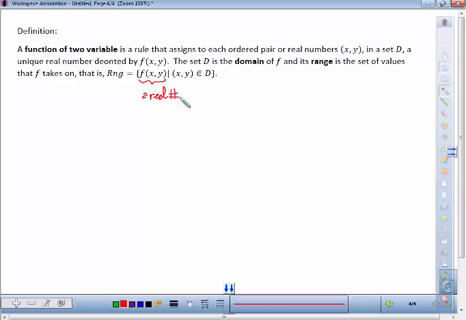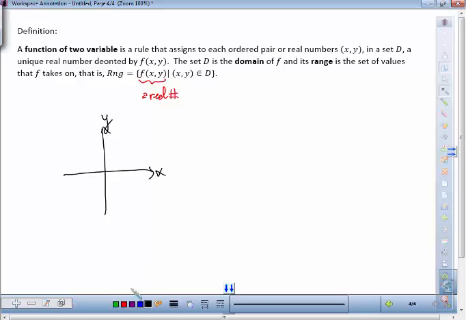Your input is x, your input is y. So somewhere on the XY plane are all the points that you're allowed to put into this function. It's different for different functions, but any points that you can put into the function will live on the XY plane somewhere. It might be the whole thing, but then it might not be.